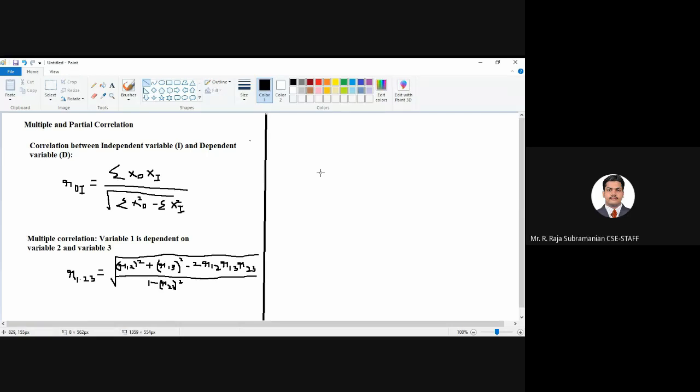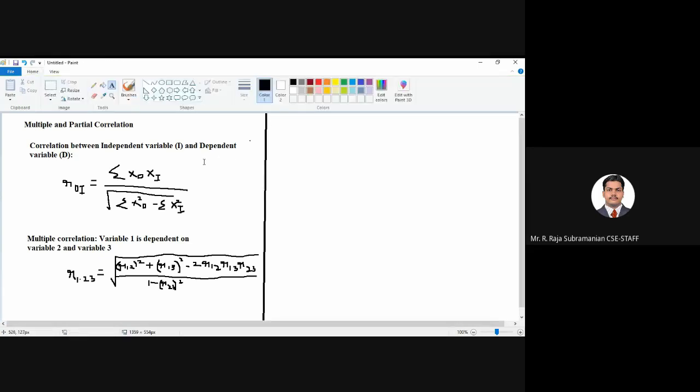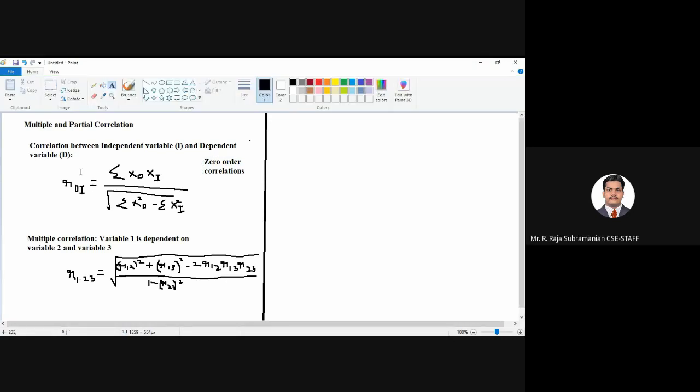What they will be giving us is three kinds of things. First, they will be giving us zero order correlations. What is zero order correlation? It is those correlations which do not make any independent variable a constant.